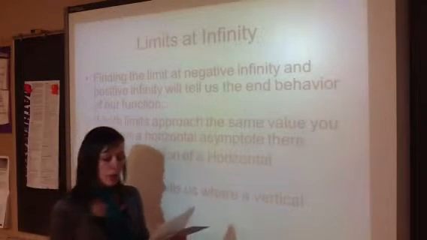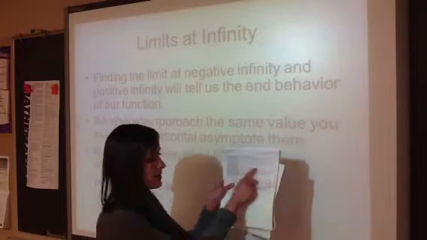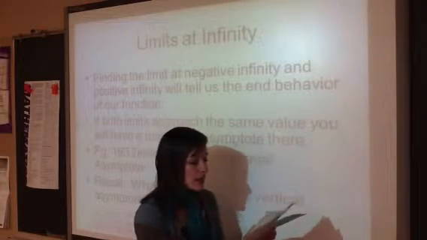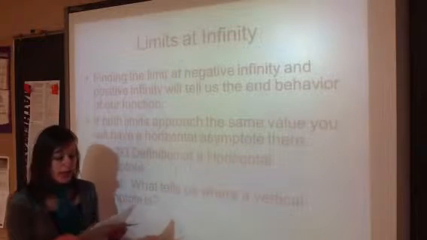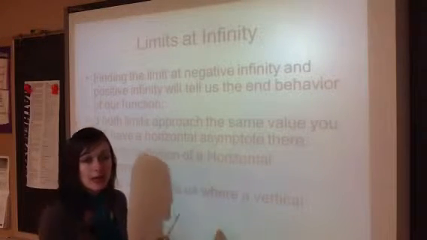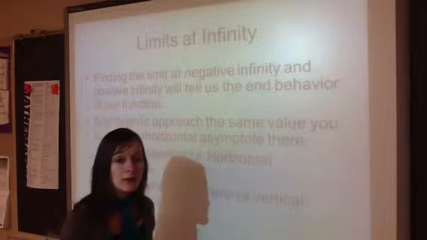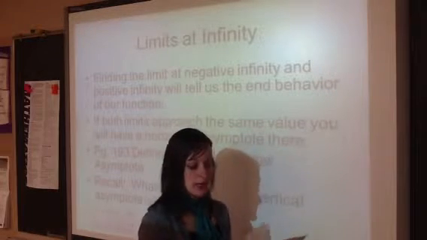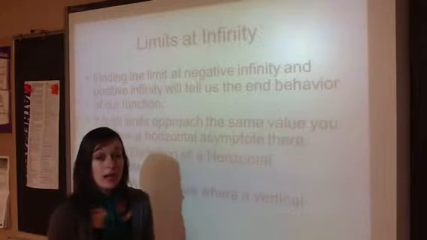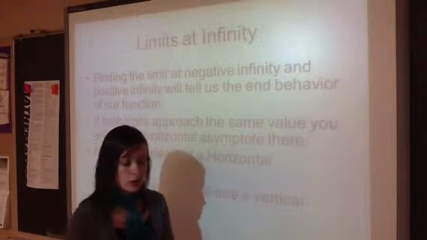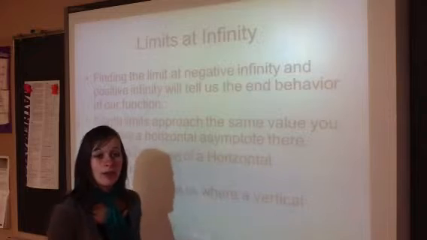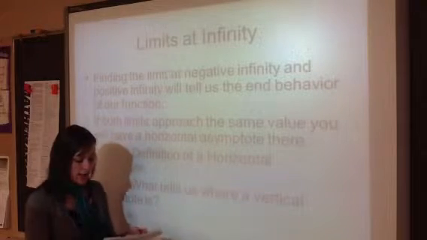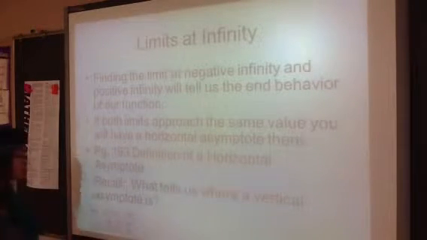At the top of page 193, there's a little box, and it says the line y equals L is a horizontal asymptote if your limit as x goes to negative infinity is L, and if your limit as x goes to positive infinity is L. So it's saying if your limit as x goes to infinity and x goes to negative infinity is the same thing, you have a horizontal asymptote at that value.